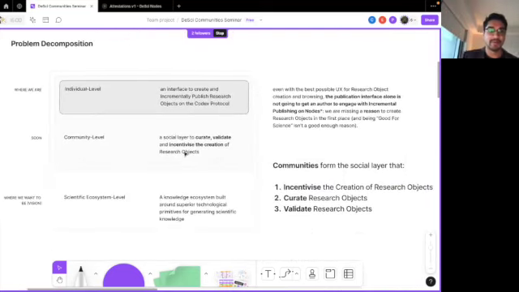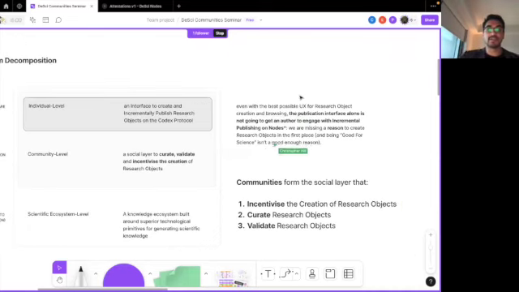Okay, problem decomposition. Where we are right now with the nodes product is here at the individual level. We have an interface to create and incrementally publish research objects on the Codex protocol. So if you want to bundle together your code, your papers, and your data, and then version them, you can do that. The problem is that right now, you don't have a reason to do that in the first place.